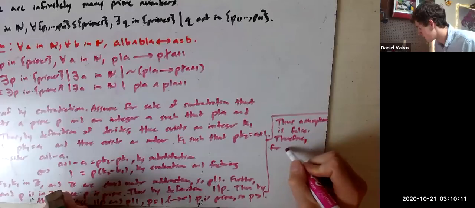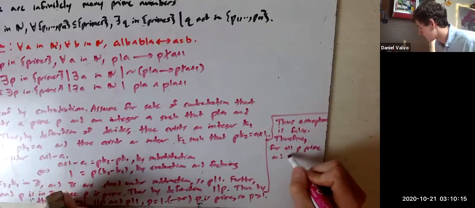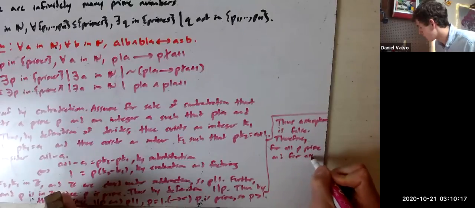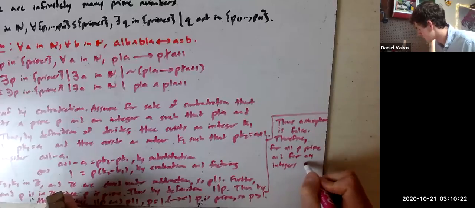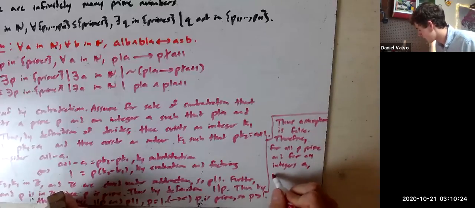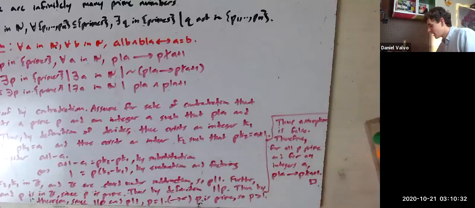Therefore, for all primes p and for all integers a, p divides a implies p does not divide a plus 1. Just a nice tie everything together. Any questions on this?